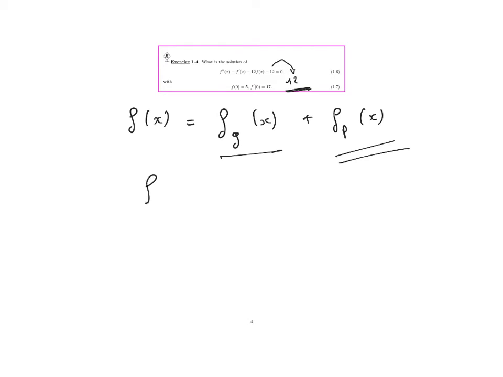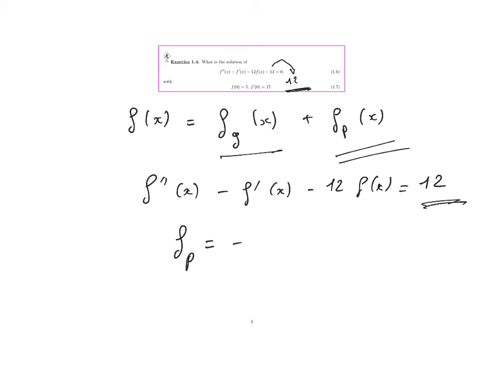So what we want is to find some function f such that f second of x minus f prime of x minus 12 f of x is equal to 12. The right hand side is a constant function, so we don't need to spend too much time: one particular solution is fp equal to minus 1.